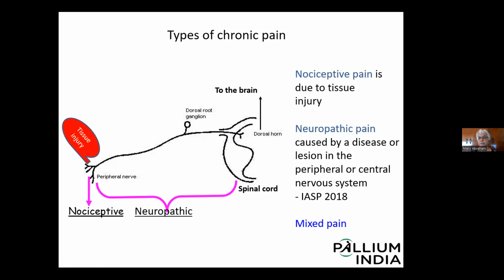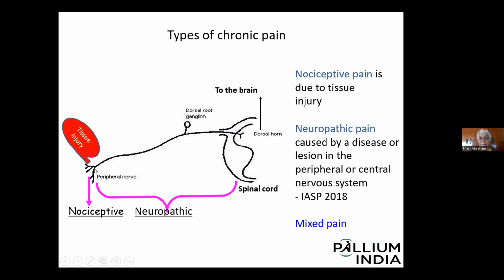Now, if you look at this diagram, we can see that chronic pain can be nociceptive, where the tissue injury is causing pain at the periphery, at the tissue level, and that is why it's called nociceptive, because this is a peripheral nociceptor.